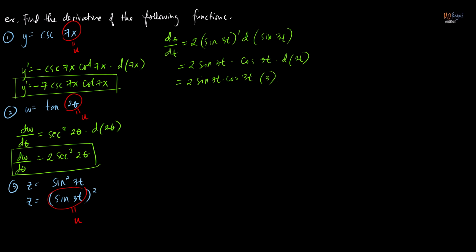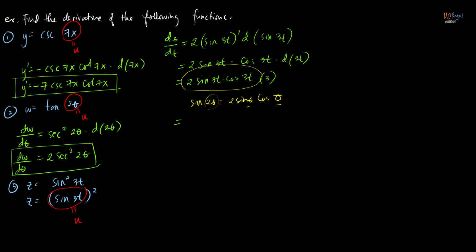Remember this. In the double angle identity, sine 2 theta is equal to 2 sine theta cosine theta. So if this angle is theta, you double it when you simplify, it becomes sine 2 theta, right? So that encircled portion is equal to sine of 2 times the angle, where the angle is 3t.